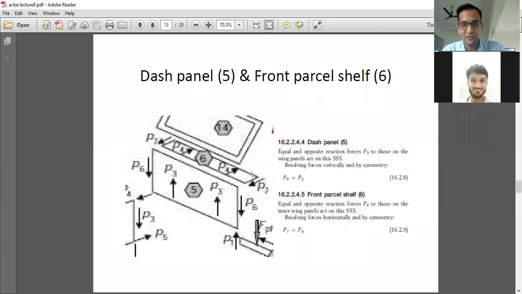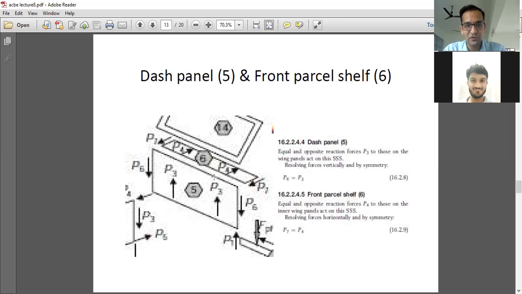You can imagine that in previous automobile configurations, 20 to 30 years ago, P6 was not separate; it was a member of the body, welded to the main body or treated as a part of the body. Nowadays, it is an assembled component. So you are getting different dash panels for your automobiles.